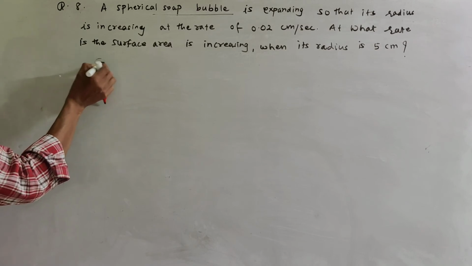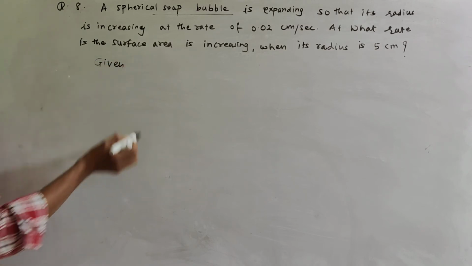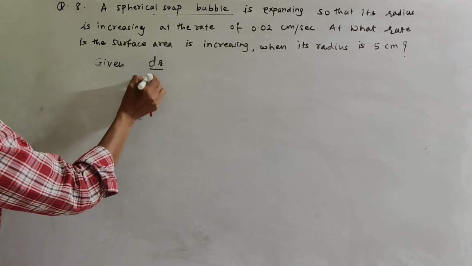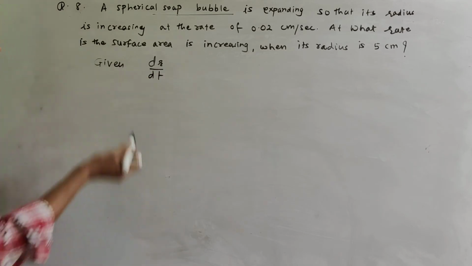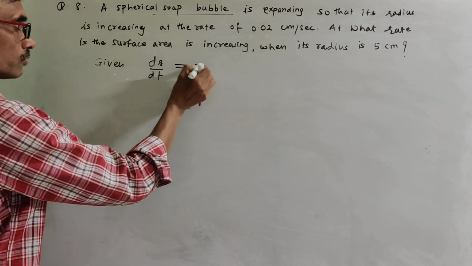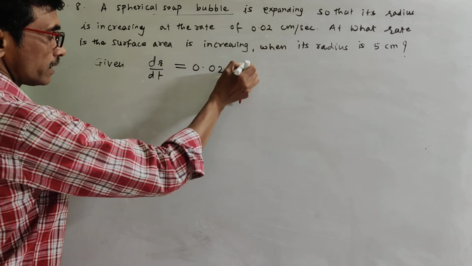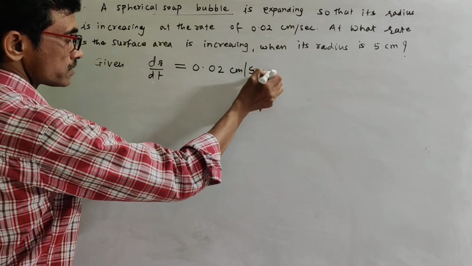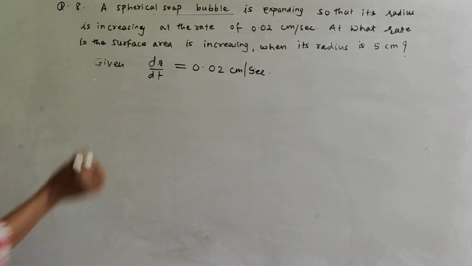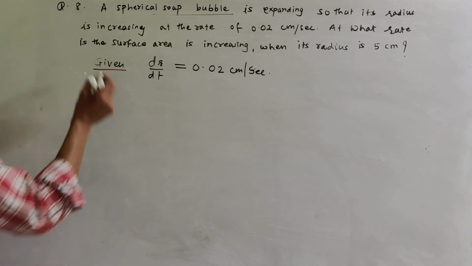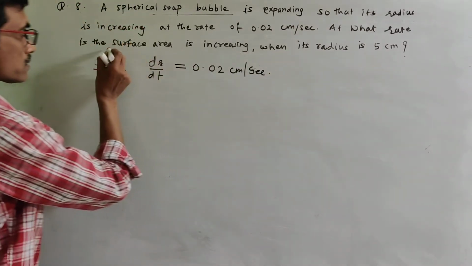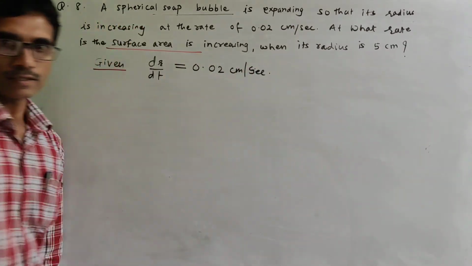It is increasing at the rate of 0.02 centimeter per second. So what is given over here? Rate of change of radius is given, and rate of change means derivative with respect to t. So dr by dt is equal to 0.02 centimeter per second. Next, we want to find the rate at which the surface area is increasing.